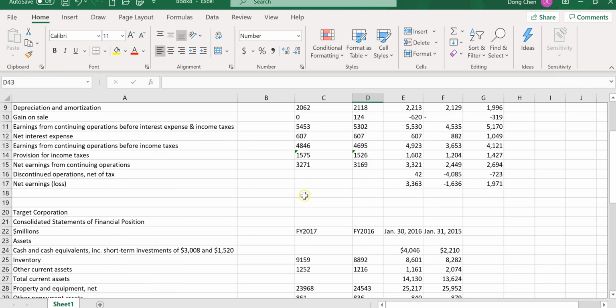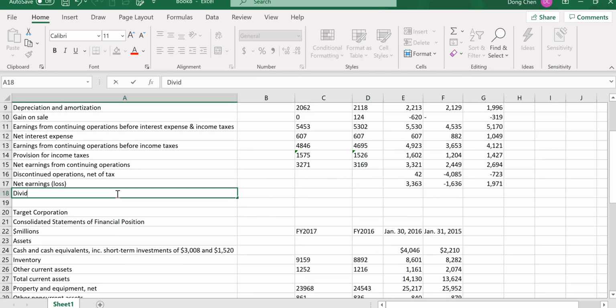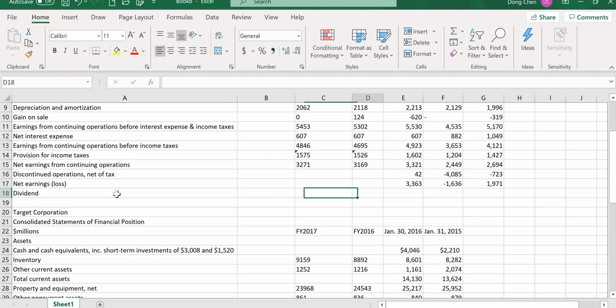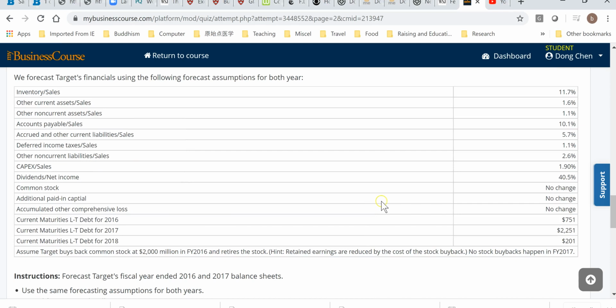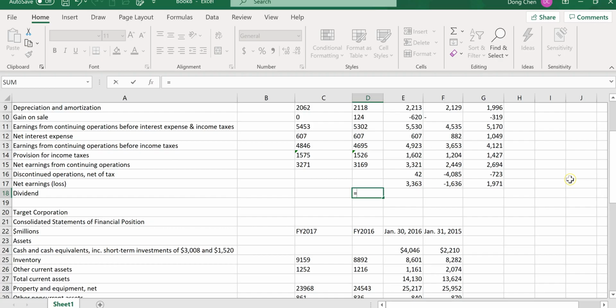So addition to retained earnings will be based on dividend. And dividend here will be based on this dividend rate. The dividend divided by net income is 40.5%. So this is going to be 40.5% times the net earnings.